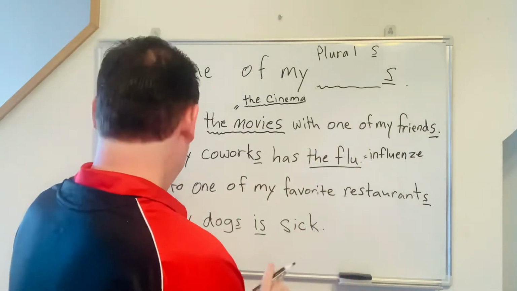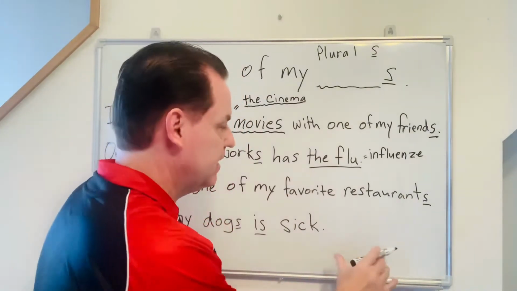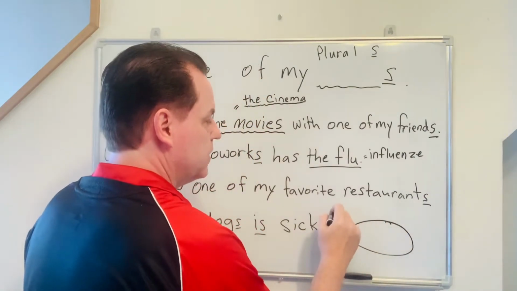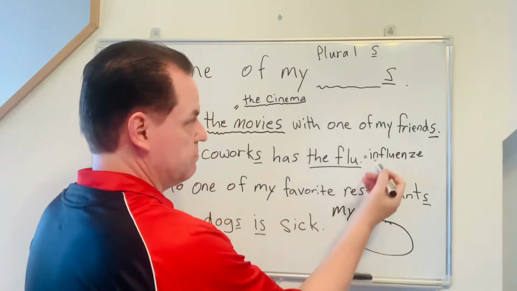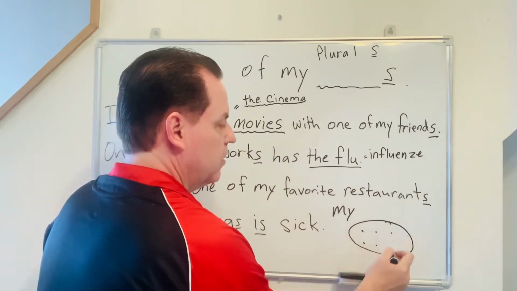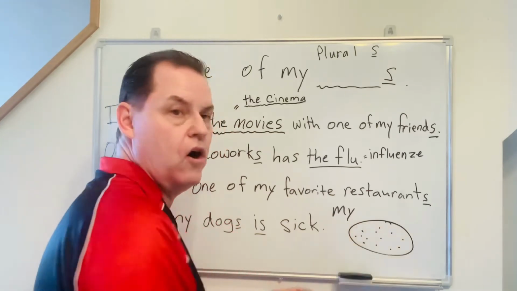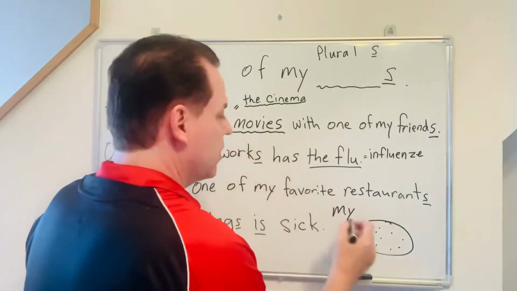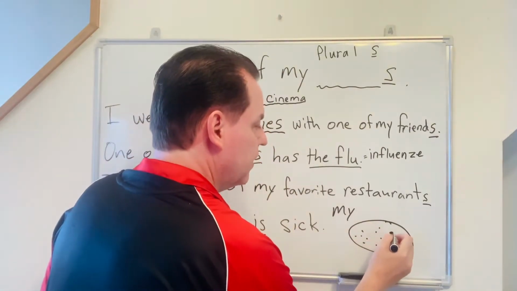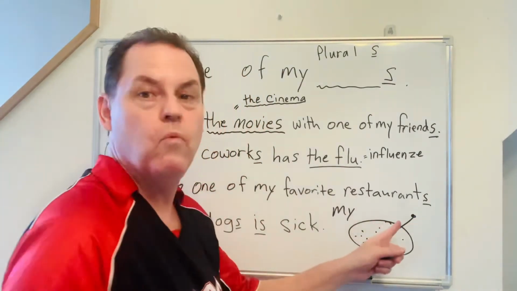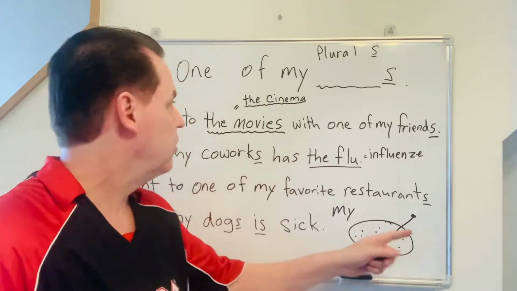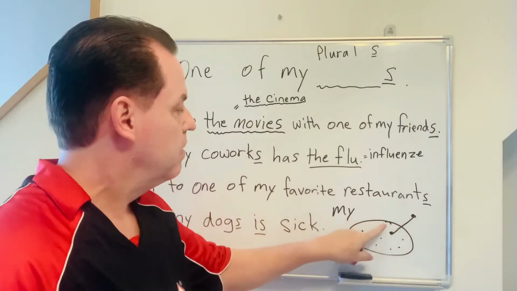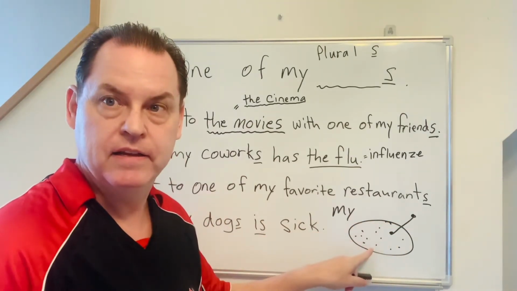So let me see if I can write this here. This is my, for example, friends. All of my friends. And we are talking about, out of all of my friends, one of them. So, one of my friends.